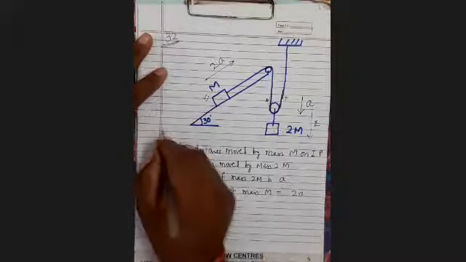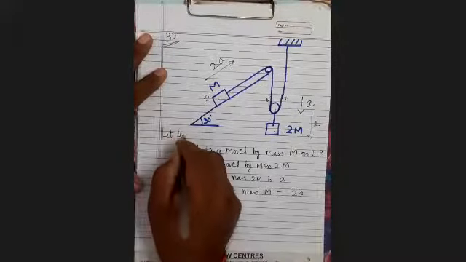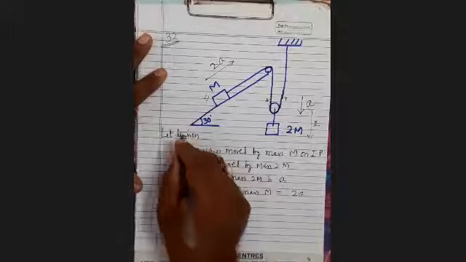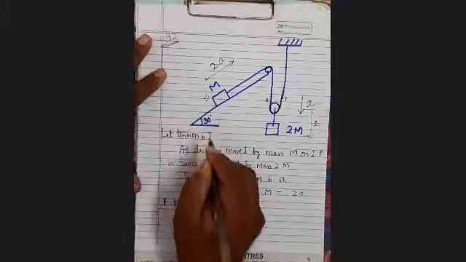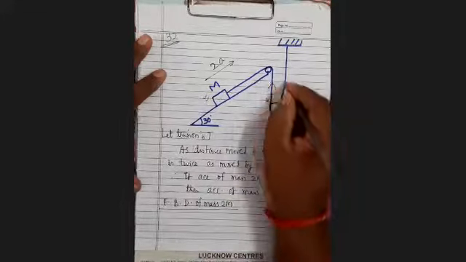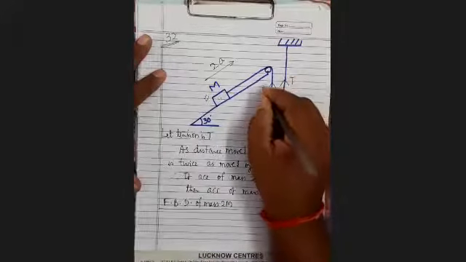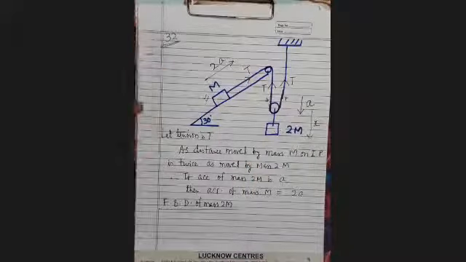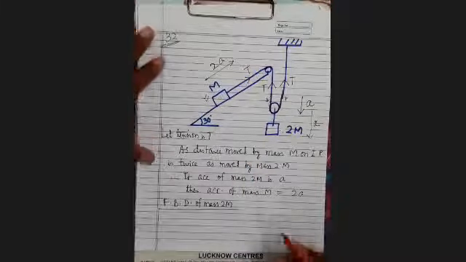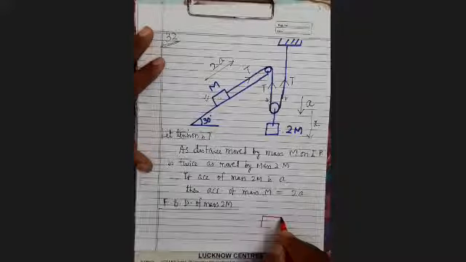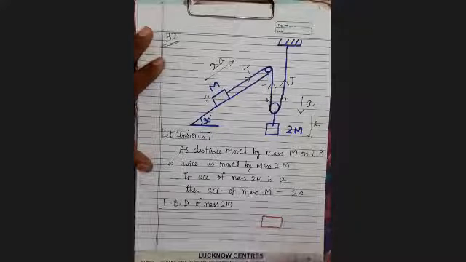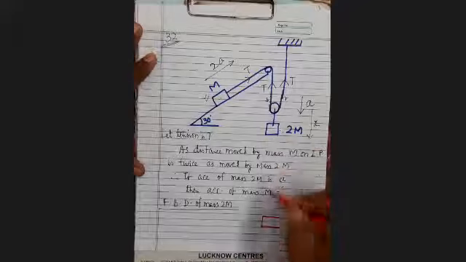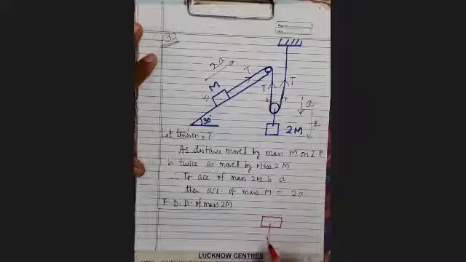Let the tension be T. Here tension T, this is T, and this is also T. Its weight will act vertically downward, weight being mass into acceleration due to gravity, that is 2m into g.